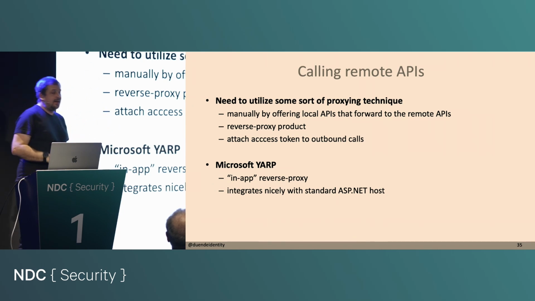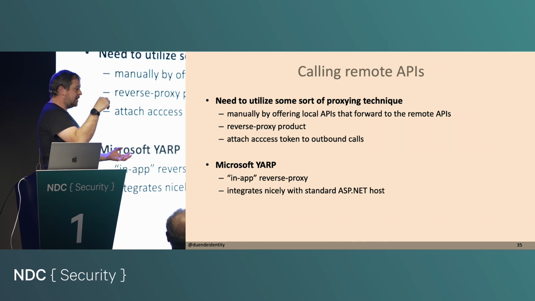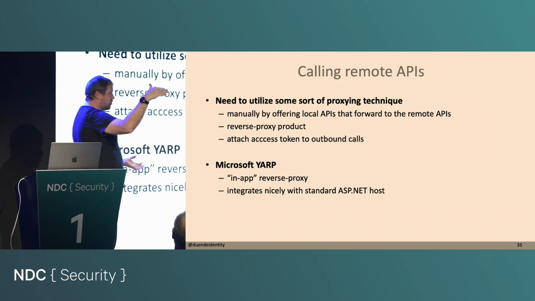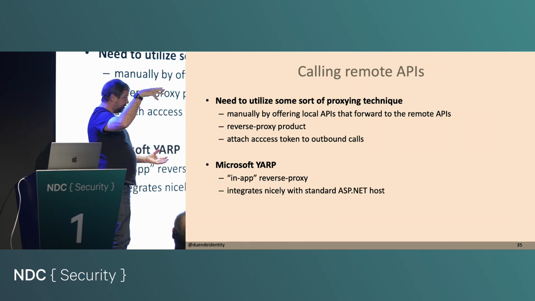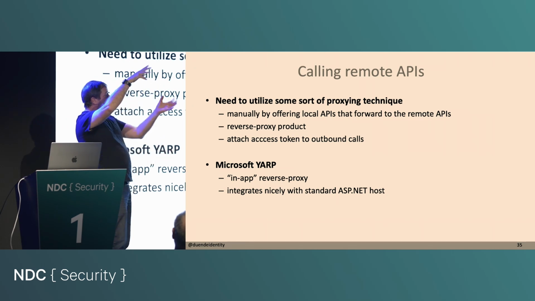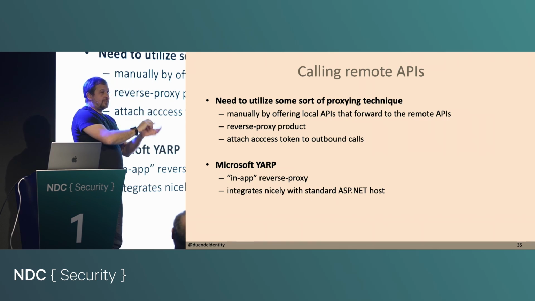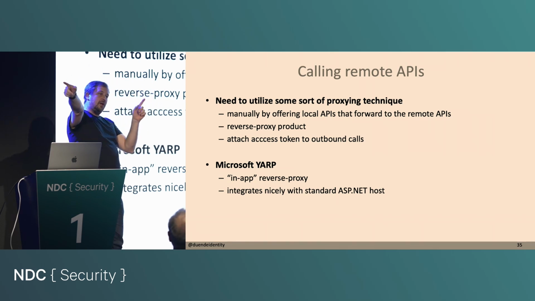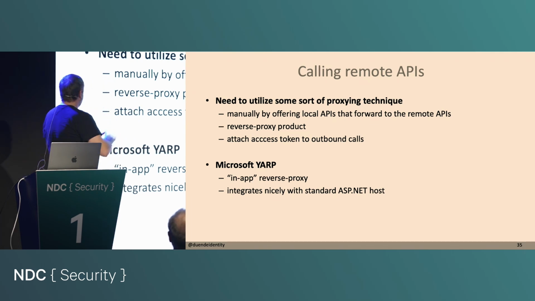And why do you need to do that? Basically, you secure the connection between the front end and the BFF using the cookie and the forgery header. And then on the server side, we store the access token. And then the reverse proxy will take the access token and call that remote API on behalf of the currently logged on user. Okay?